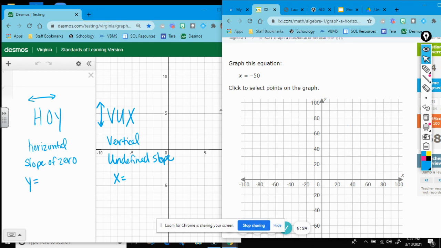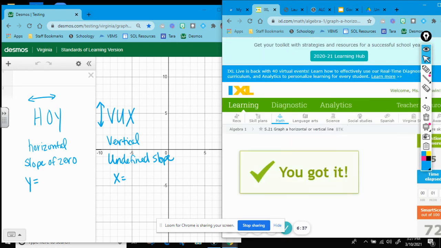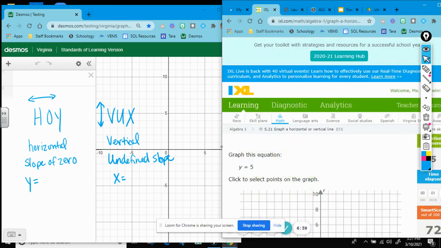You've got to make these connections, right? So come over here to -50 on the x-axis. Click on it. And it's a vertical, so I'm making a vertical line. And that's it. It's pretty simple if you can get this in your head. Okay, that's all for this video.